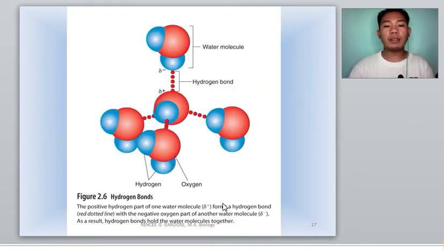Observe that the positive hydrogen part of one water molecule forms a hydrogen bond with the negative oxygen part of another water molecule. As a result, hydrogen bonds hold the water molecules together.